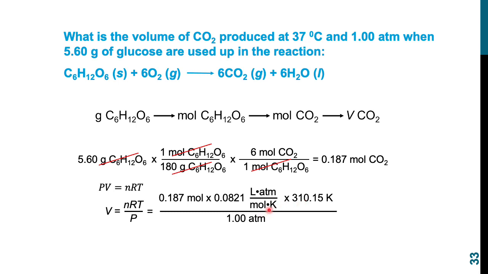Kerana R is a gas constant in Kelvin. And then divide with pressure. Pressure is 1 atm. Okay, from here, 1 atm. So you can cancel all the unit, the same unit. So the answer is 4.76 liter.